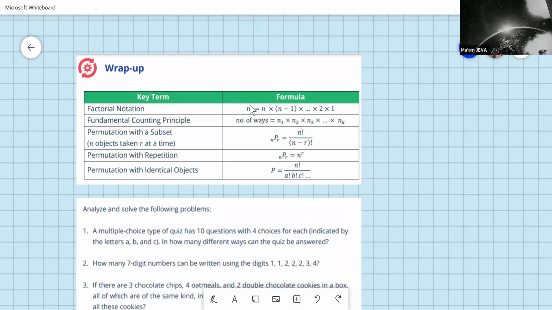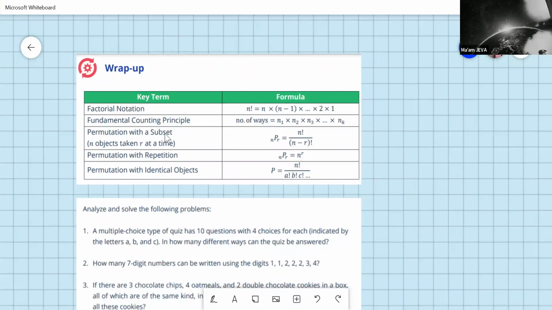If you notice the pattern of the problem on the factorial is decreasing. An example of that is task number 4 that I showed you last time. Fundamental counting principle is just the regular permutation. We will categorize this later.